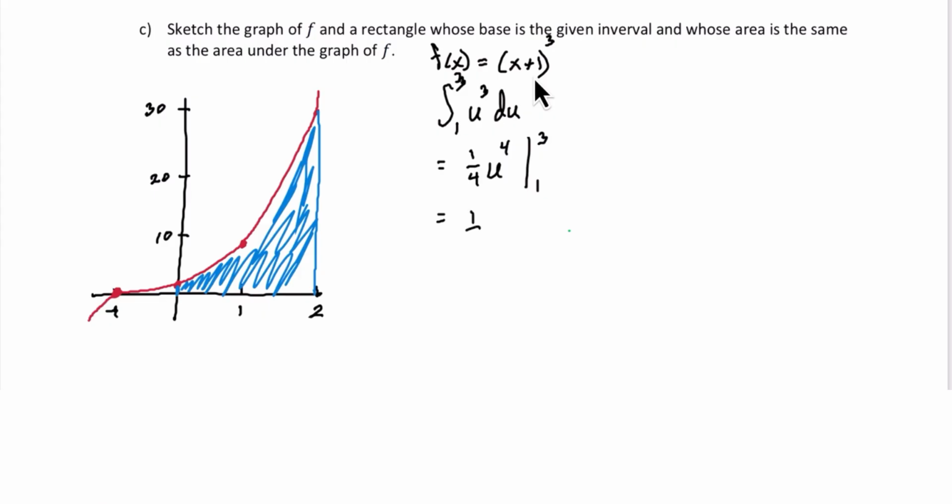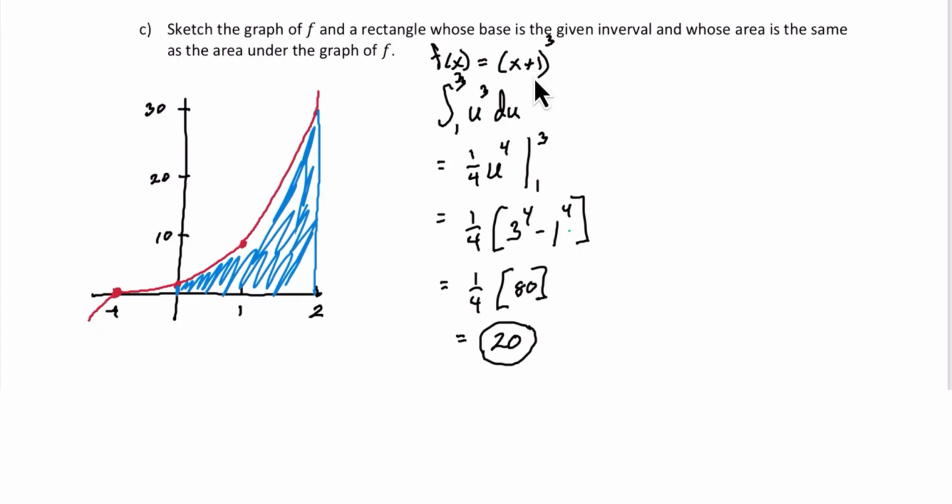That is 1/4 times 3 to the 4th minus 1 to the 4th. 1/4 times 3 to the 4th is 81. 81 minus 1 is 80. So we get 20 for the area under the curve, that blue area. Should have done that in blue ink.